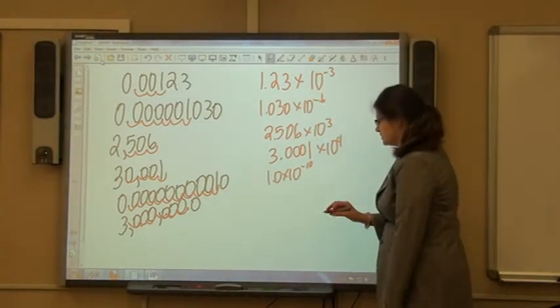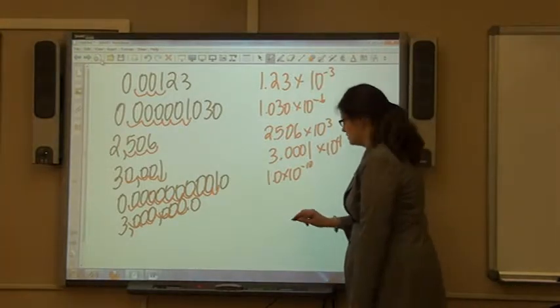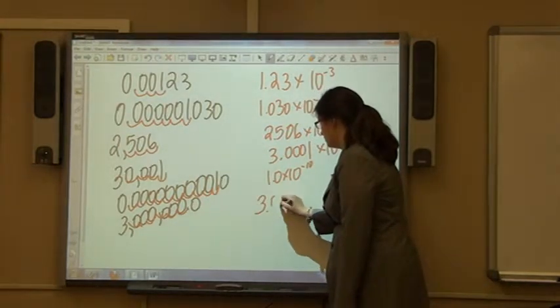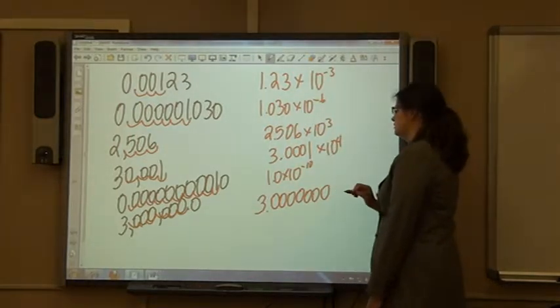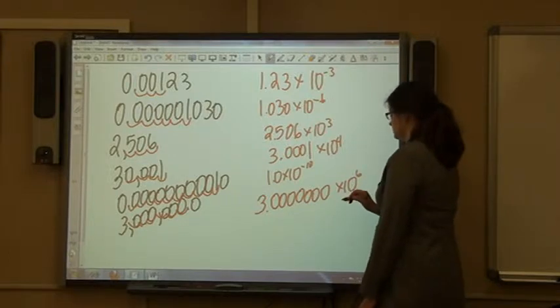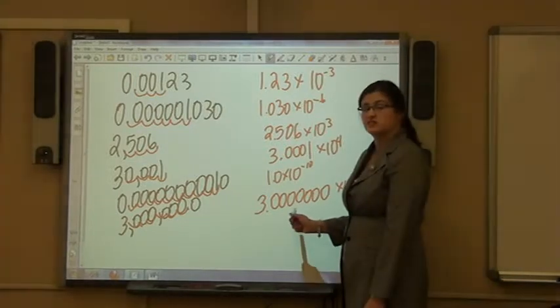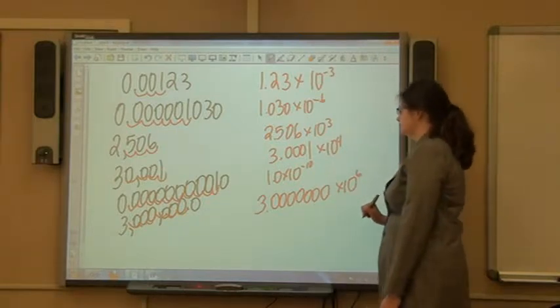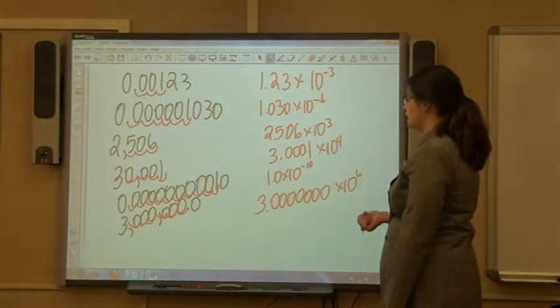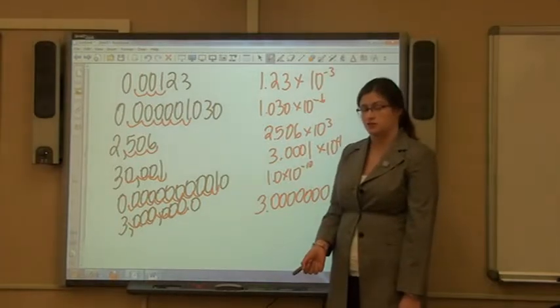So we are, excuse me, 7. We have to write all 7 of those zeros. 3.1, 2, 3, 4, 5, 6, 7. 3.0000000 times 10 to the 6. That's a lot of significant figures. That's more than you'll ever see in this class. And that's how you put things into scientific notation.